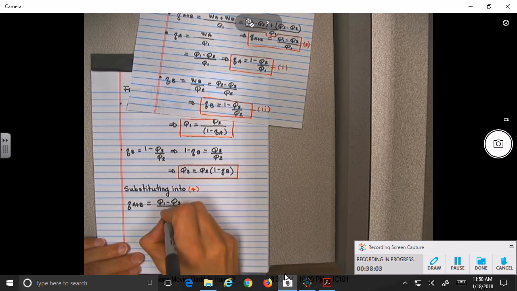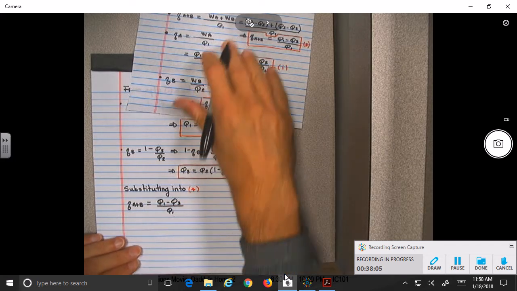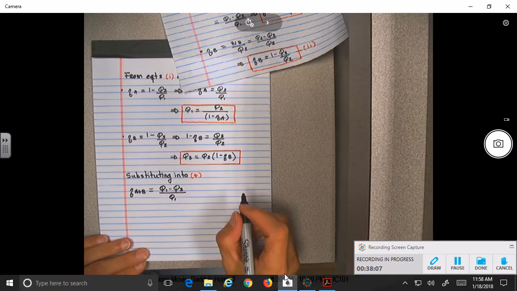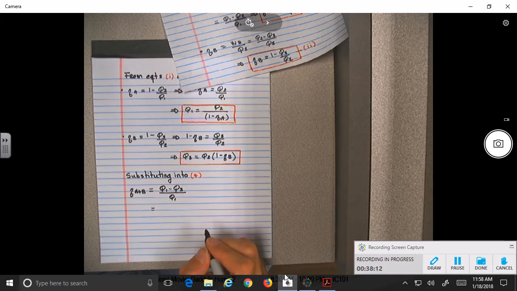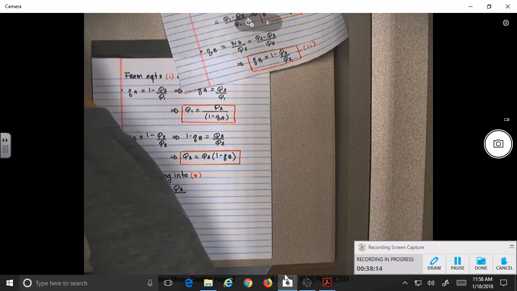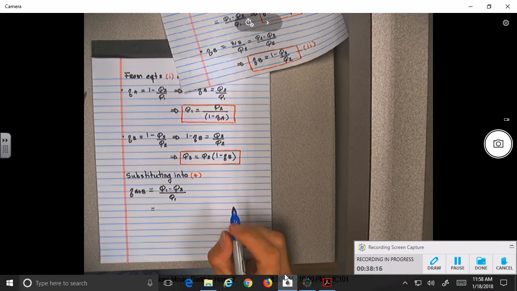Q1 minus Q3 divided by Q1. So what do we get if we do that? So this should be equal to Q2.